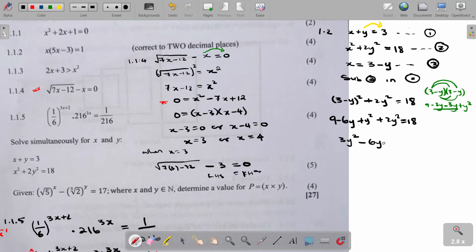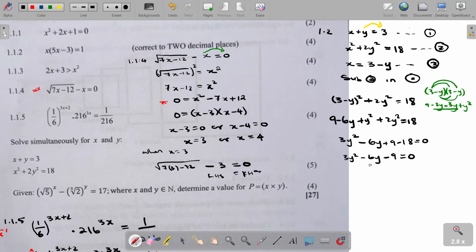Then we are having plus 9. Transpose the 18. We are going to get 0. So our equation is 3y squared minus 6y minus 9 is equal to 0.